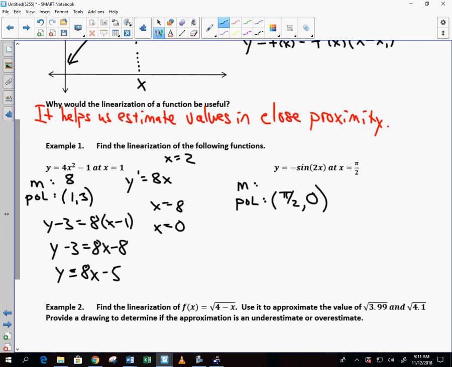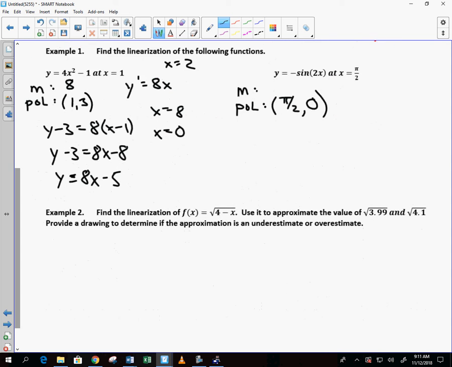How do I determine slope? Find y prime. So y prime is equal to... chain rule. Very good. The derivative of the inside is 2. So I've got negative 2 times the cosine of 2x. Great. Now plug in.